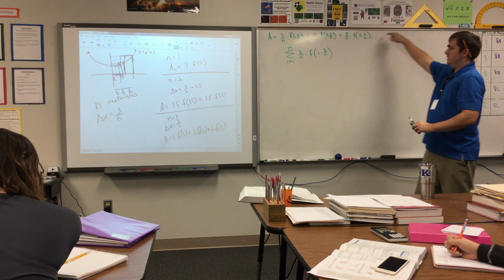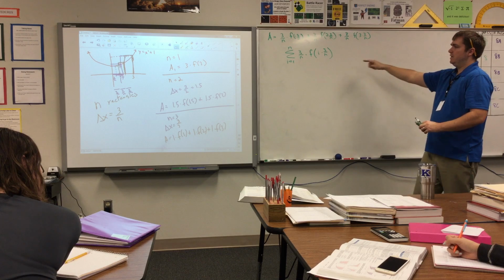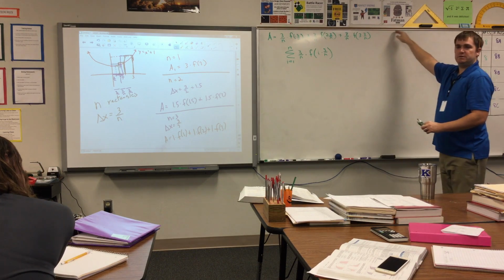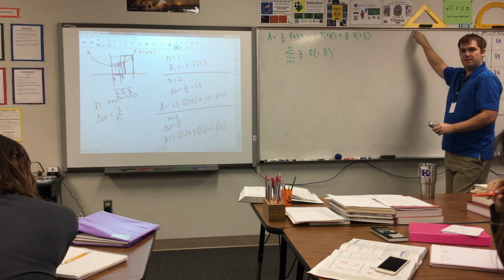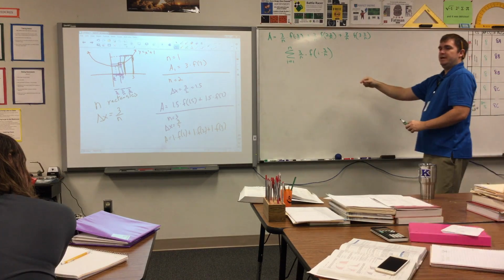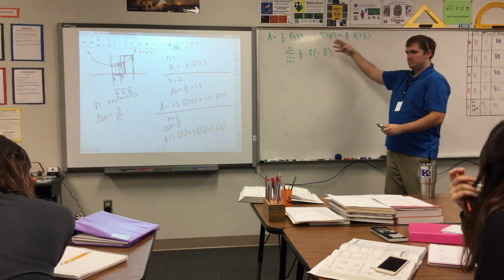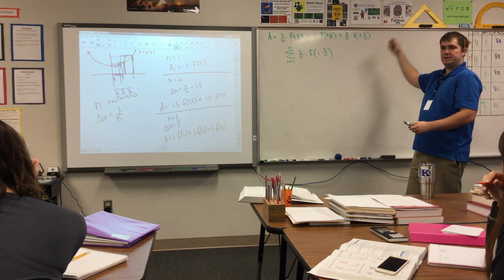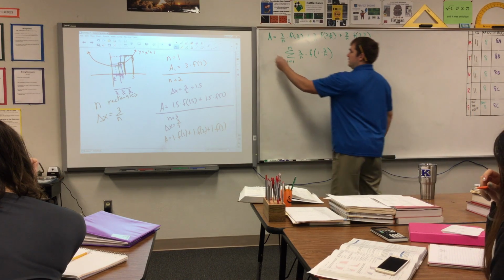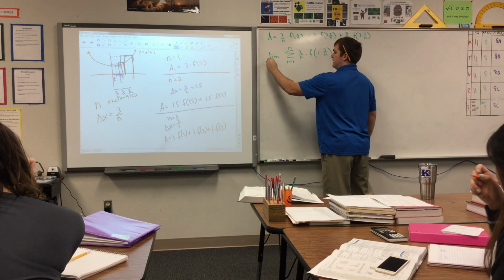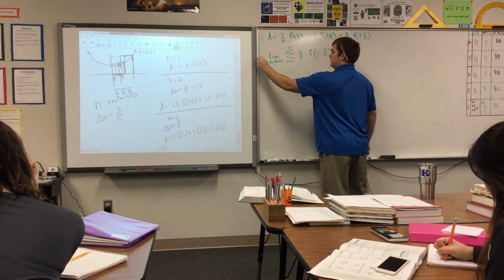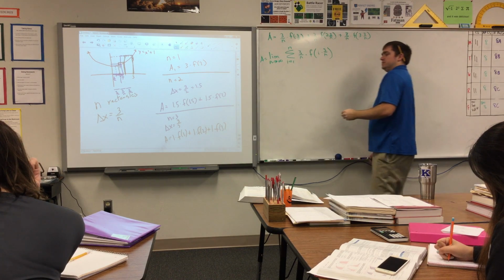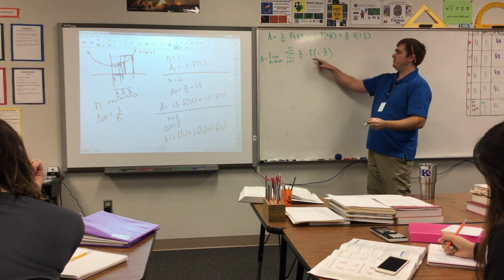And that would be my summation statement for however many rectangles I needed. And then, if I want to figure out what our pattern is as the number of rectangles approaches infinity, we stick a limit out front. So the actual area is equal to the limit as n approaches infinity of this.